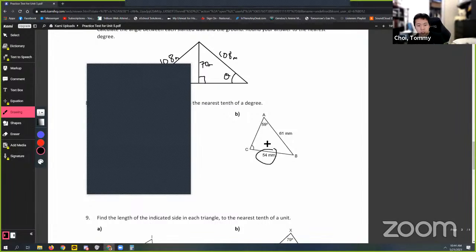You do have an angle side pair here: 59 degrees and 54 millimeters. Cosine law would not work here unless you are solving for this side here. If you are solving for B, you can use cosine law because you have the angle, the side, and a side.